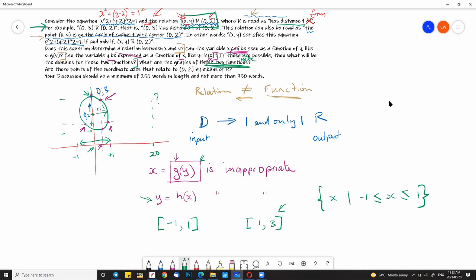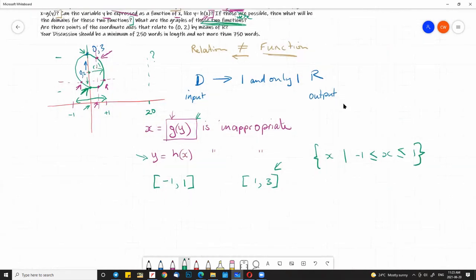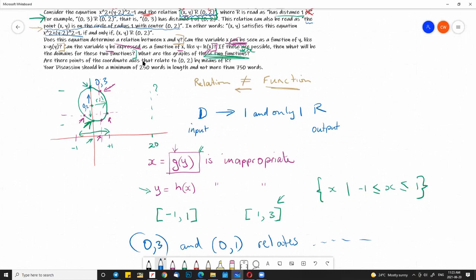There's another point, it will be right here, 0, 1. So 0, 3 and 0, 1 relate to 0, 2 by means of r.